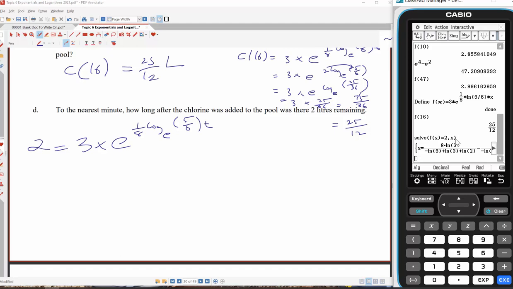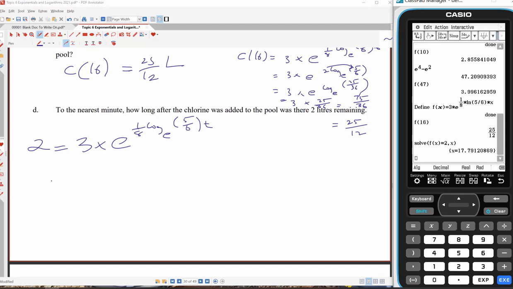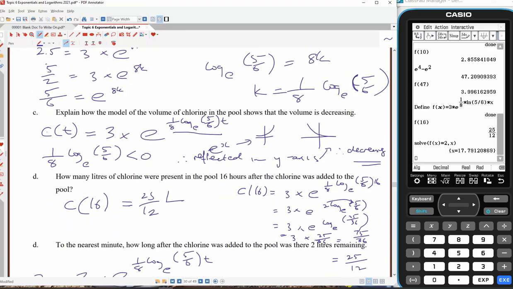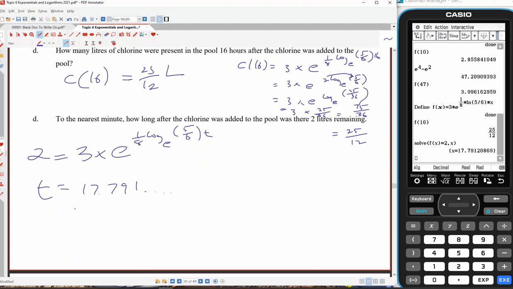There's the exact. So t equals 17.791... This is hours. Okay, so we're going to go, therefore, 17 hours. Let's get the amount of minutes.